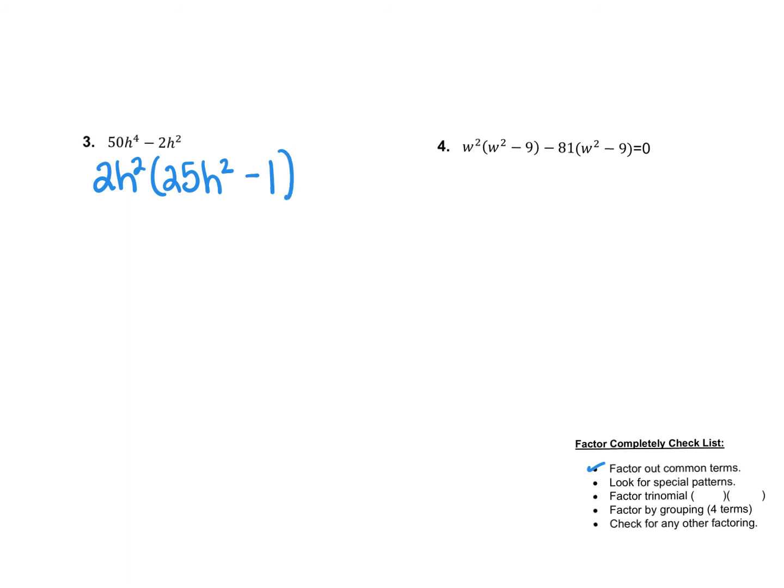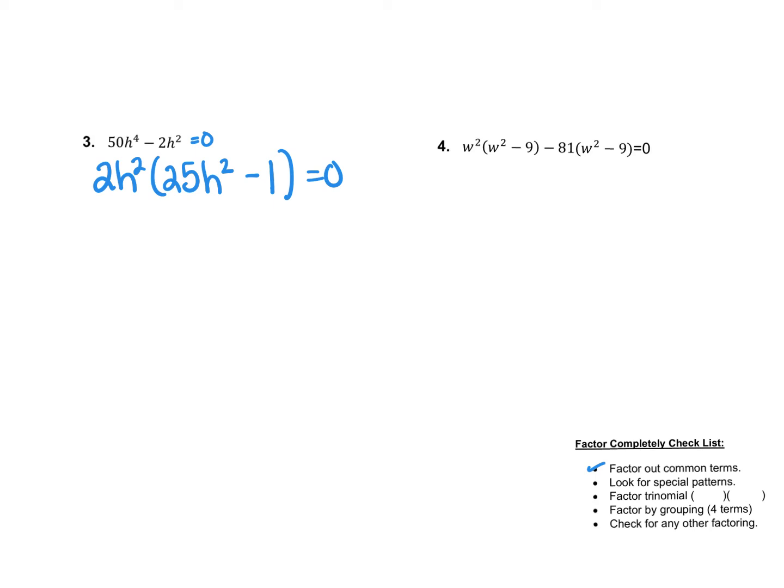All right, so now notice this right here, that I can take the square root of 25 and I can take the square root of 1. And so those are those special ones where the middle terms end up canceling out. So I'm not quite done. Here, this should have been set equal to 0.